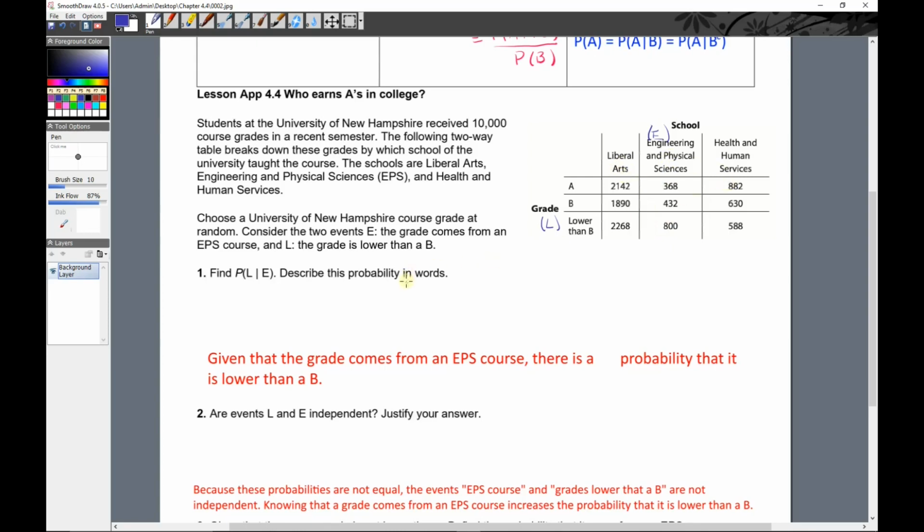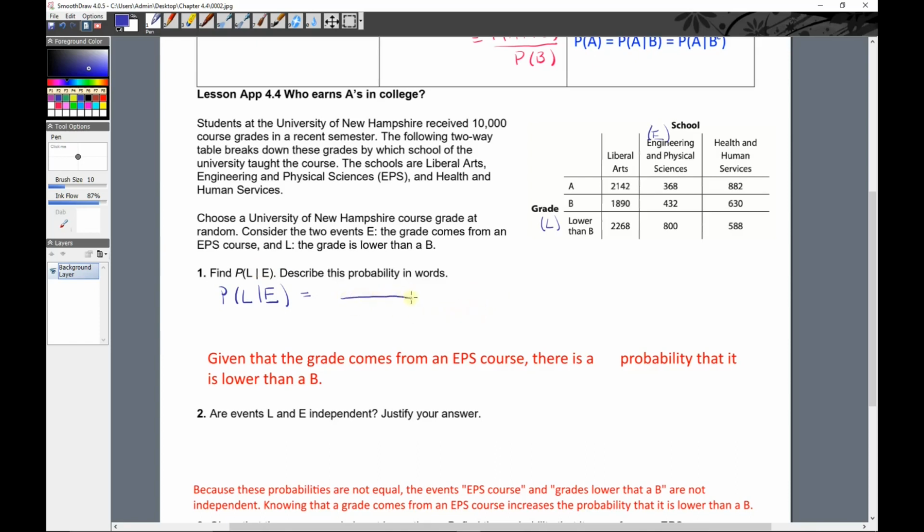All right. Describe the probability of having a grade lower than a B given that the grade comes from engineering and physical sciences. So this will be the probability of L given E. And I've described it down here, which I'll read momentarily, but we're going to find this. And we're going to find it like so.